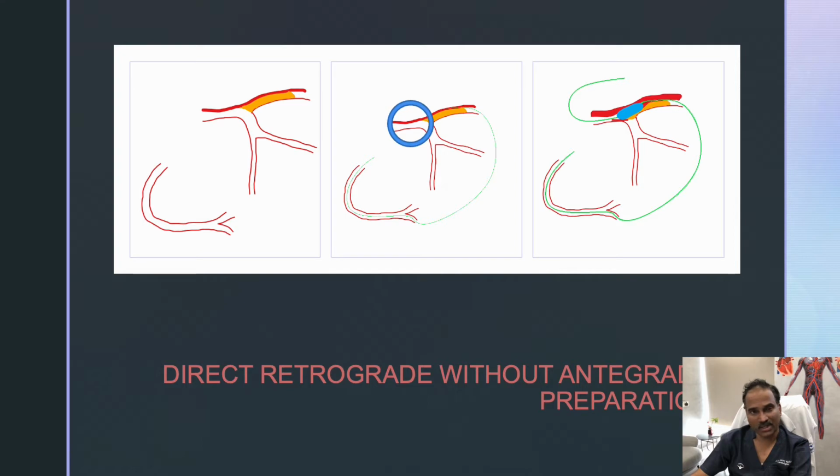So this is one catastrophe which can happen on table in these patients with Ostial LAD CTO, and which is very dangerous for patients. So that's why the wiring strategy has to be cautiously planned in such patients.